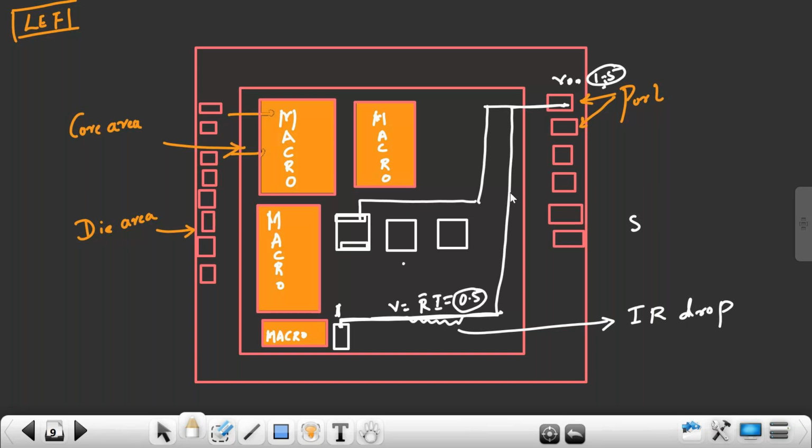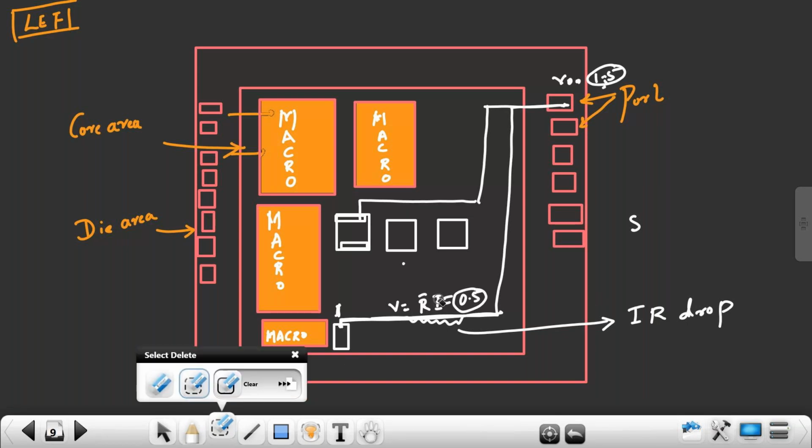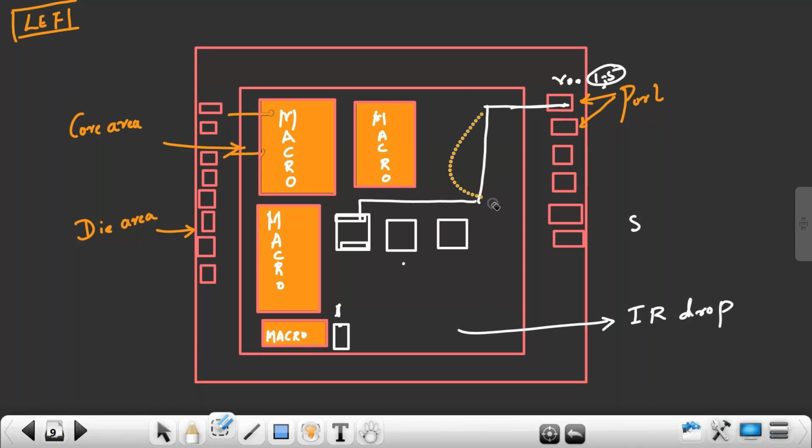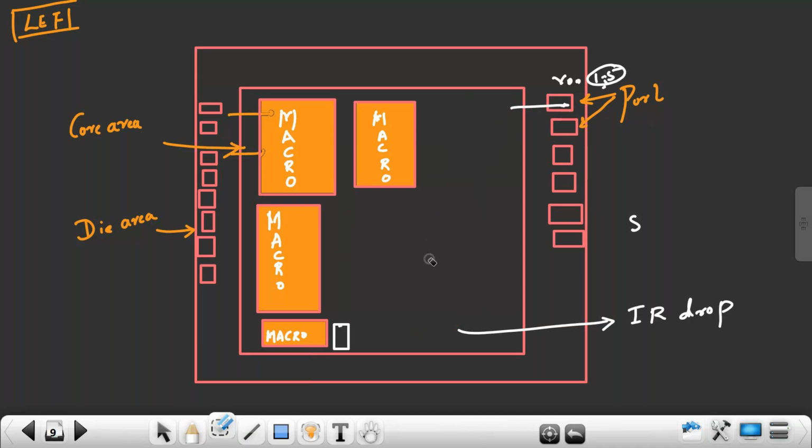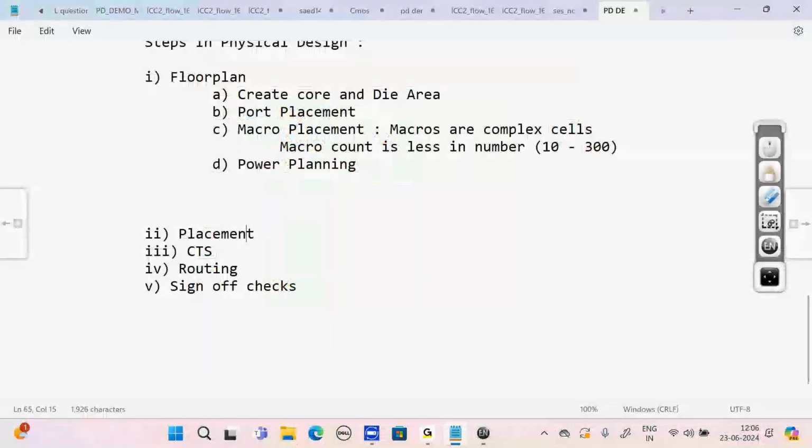So to avoid this IR drop, what do we do? We do the power planning. Power planning we do for two purposes. One is, what is the reason? To supply power and ground connection for all cells.